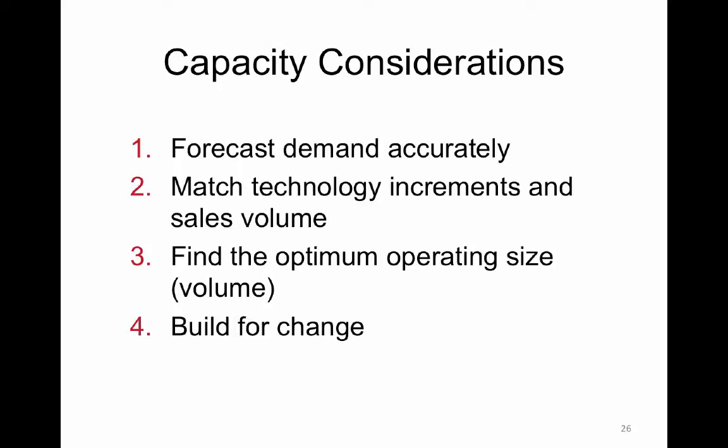So again, knowing your demand really impacts the capacity you have available. You'd want to use technology, find the optimum operating size, and then build it for change. You'd want to make sure whatever process or equipment you're using has the ability to change if your demand changes.